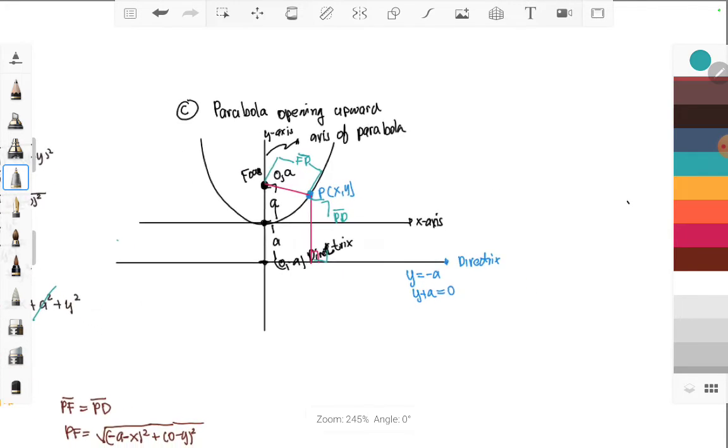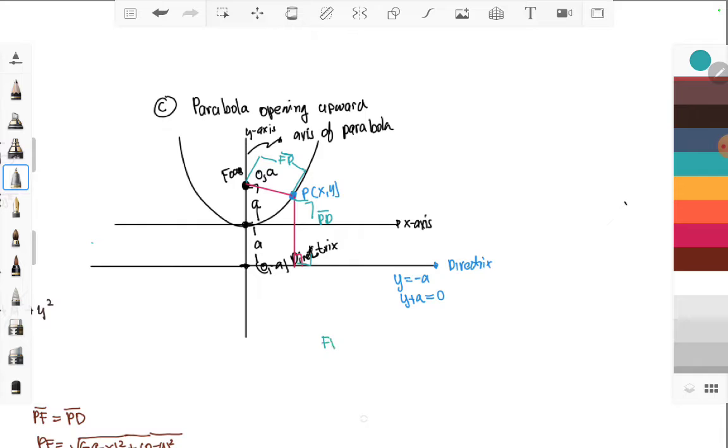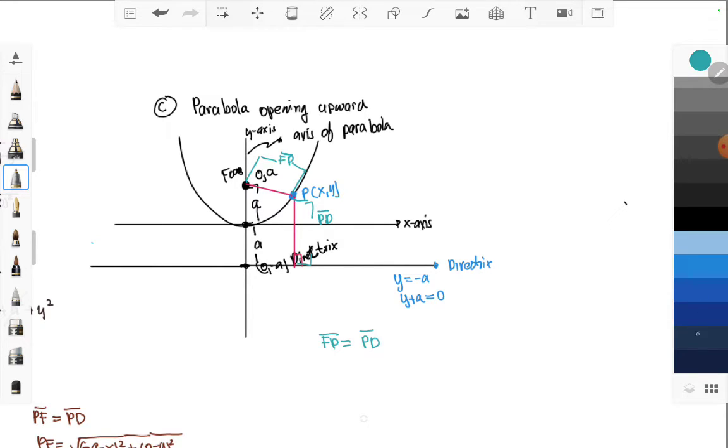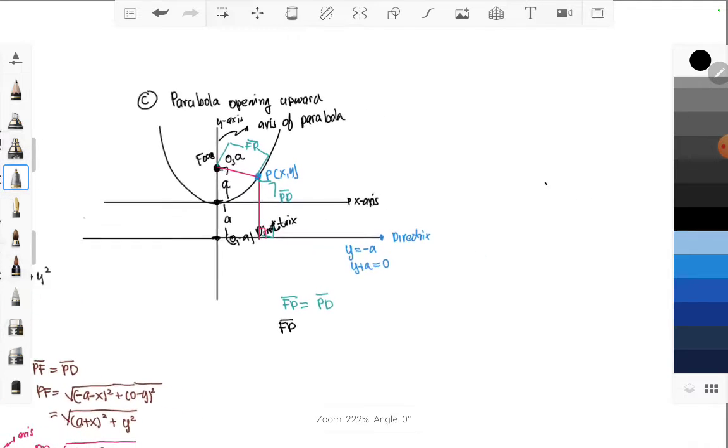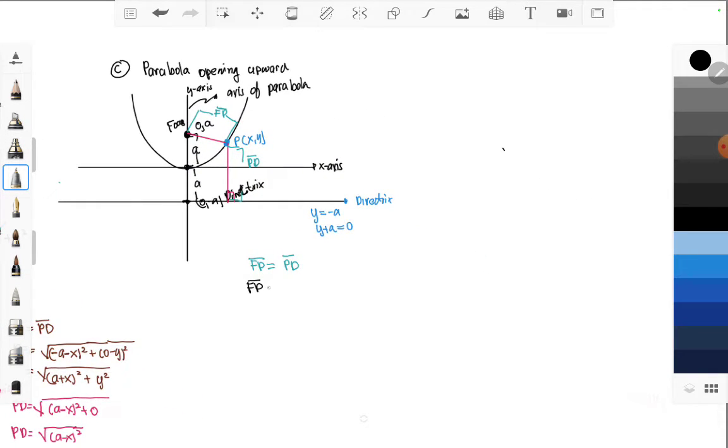So the length of my line FP must be equal to the length of my line PD. But what is my FP? Using our distance formula, we have FP equal to the square root of x minus 0 squared plus y minus a squared.